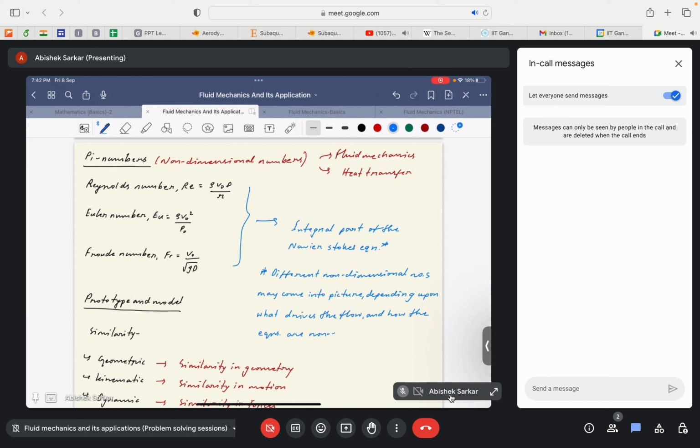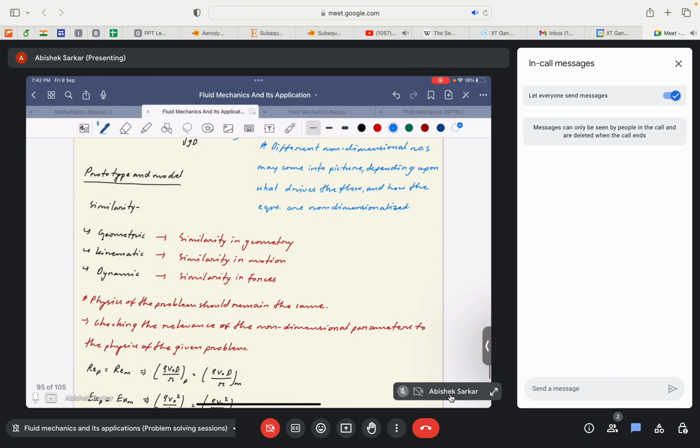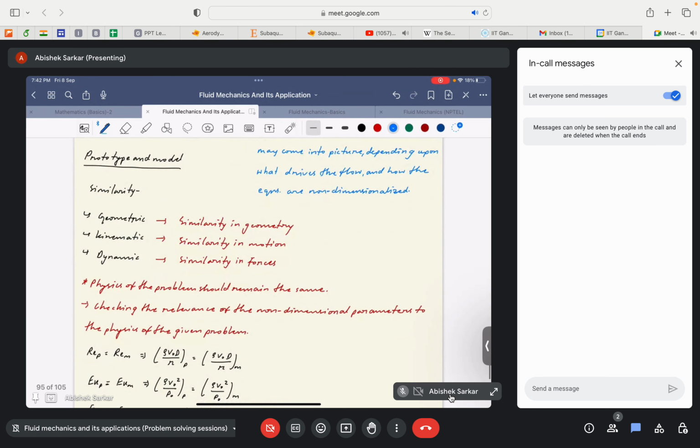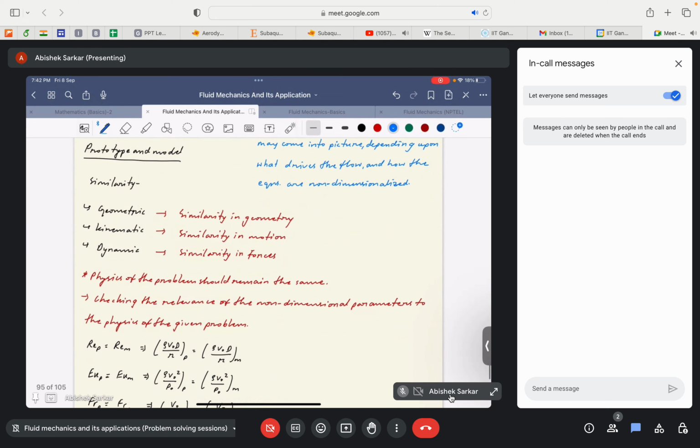Okay. So you will eventually see how these non-dimensional numbers come into picture, but for now let's move ahead.